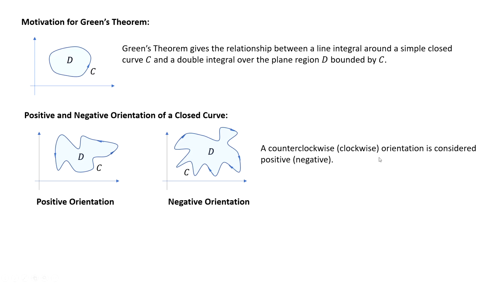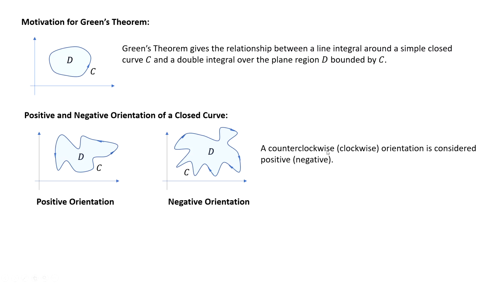The way you need to read this is, I don't know how many times you have seen this, but people in the business tend to write like this in order to be brief. The way you read this is a counterclockwise orientation is considered positive.